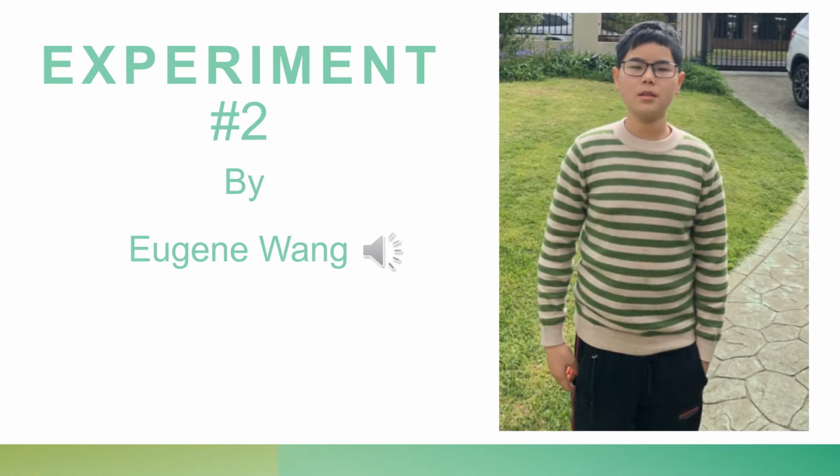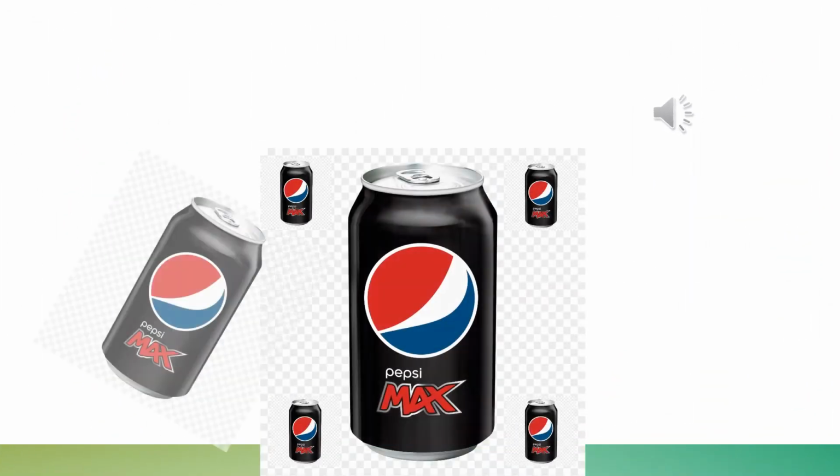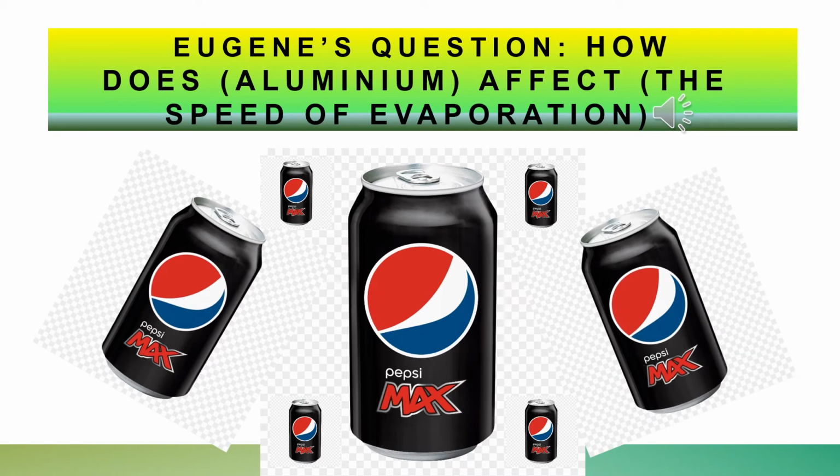Experiment 2 by Eugene Wang. Eugene's question: how does aluminium affect the speed of evaporation?